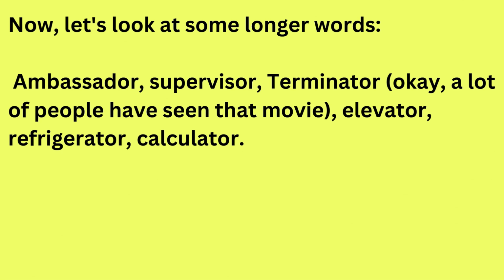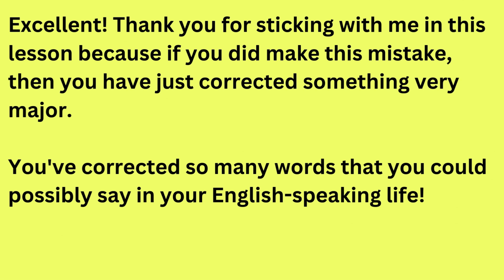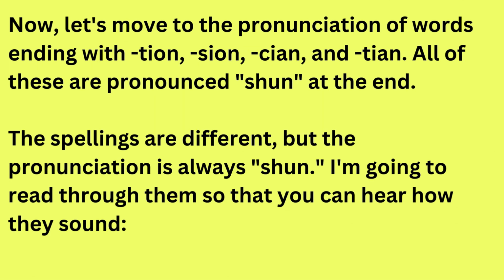Okay, a lot of people have seen that movie. Elevator, refrigerator, calculator. Excellent. Thank you for sticking with me in this lesson, because if you did make this mistake, then you have just corrected something very major. You've corrected so many words that you could possibly say in your English-speaking life.